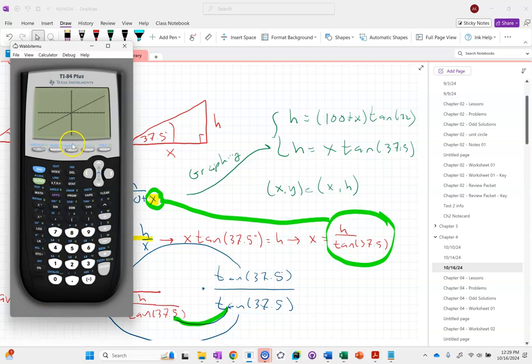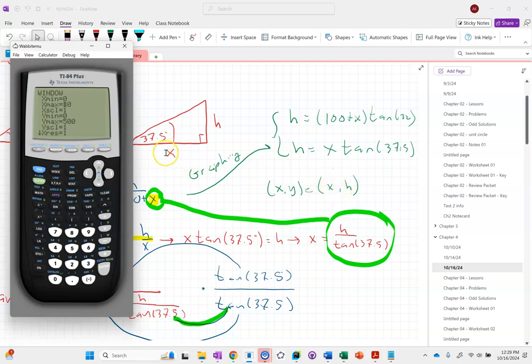I don't know how tall the Eiffel Tower is. Anybody want to give me a decent guess? 2,000 feet? You're crazy. How about 500? Well, it's not a billion. Okay? So I know it's a positive number, right?